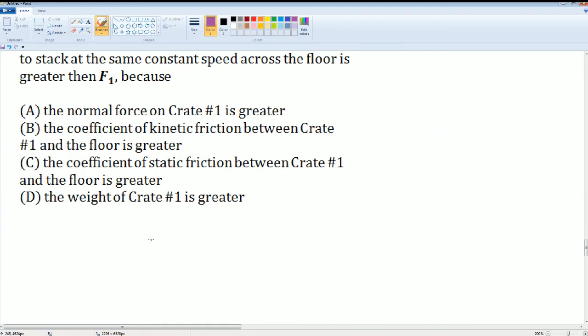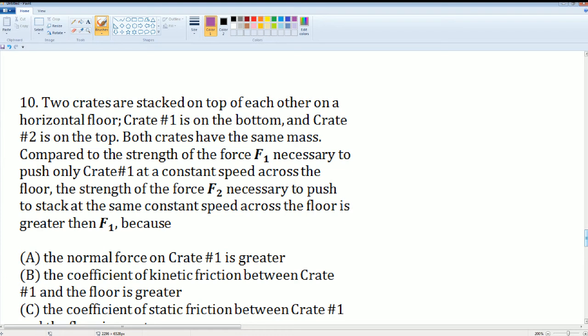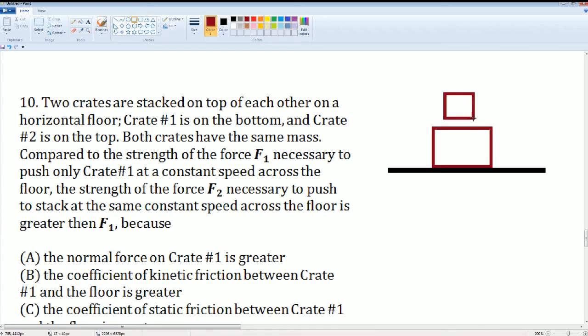Okay. Here's the last one. 10. The two crates are stacked on top of each other on a horizontal floor. Okay, let me just draw this out. Here is the first crate. Hold on. Crate 2 is on top. Both crates have the same mass.